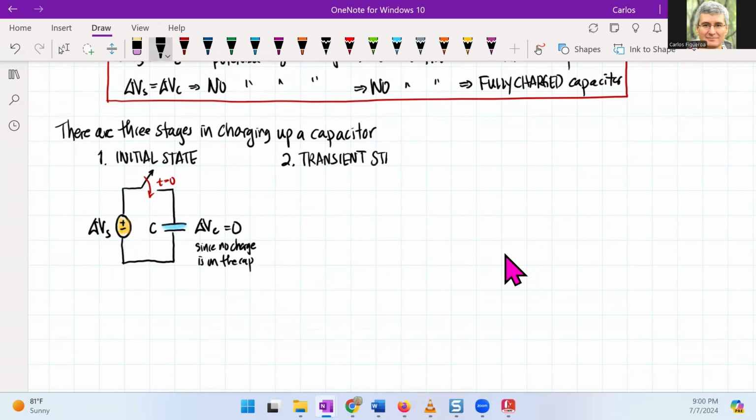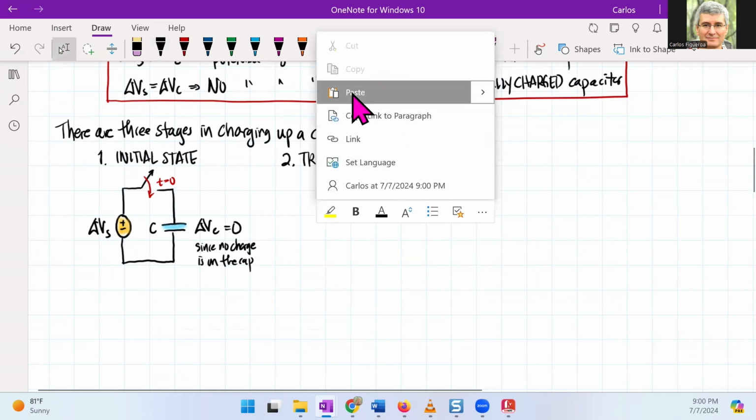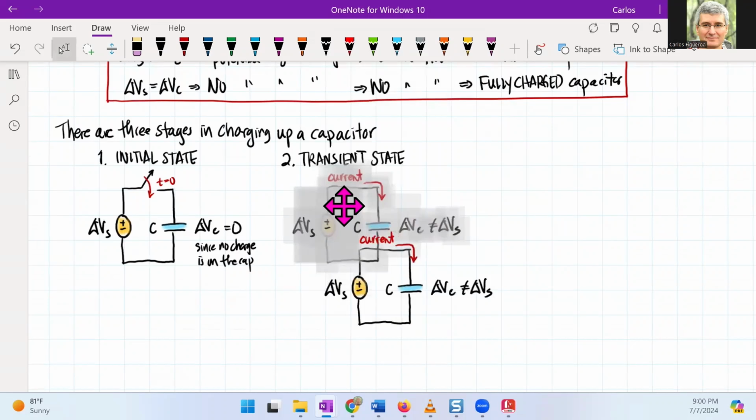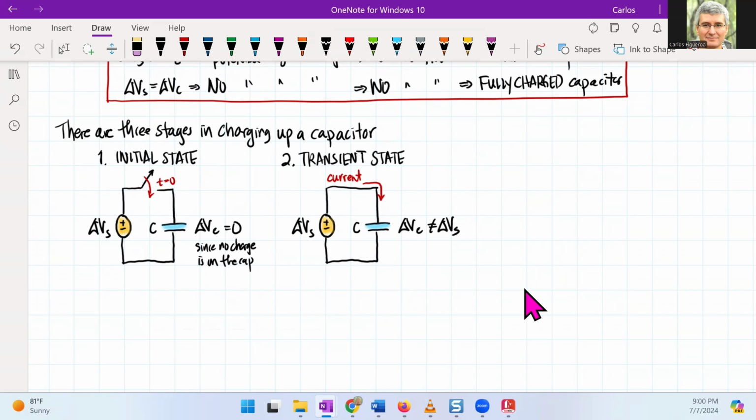So in the transient state, charge is now flowing. So if I look at this thing, here's what we're seeing. I have my circuit just like this, but now what we know here is that there's current flow because the potential difference between these two is not zero.